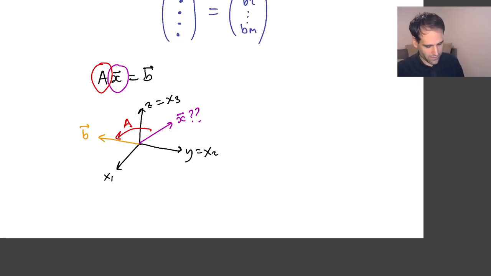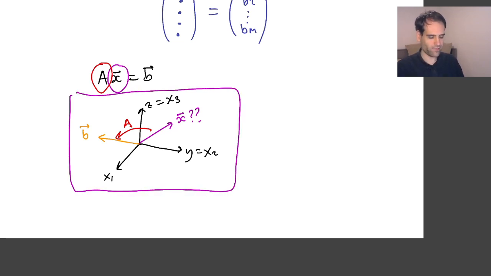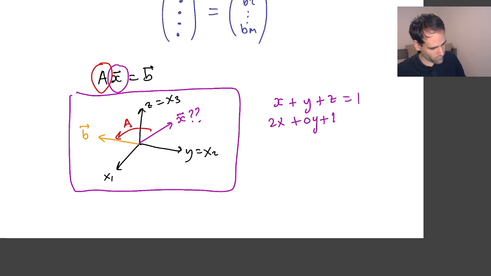Of course, in the case I showed you here, where I used three variables, I also assumed that matrix A is a 3 by 3 matrix, converting 3D vectors into 3D vectors. So I was doing a system that looks something like this.